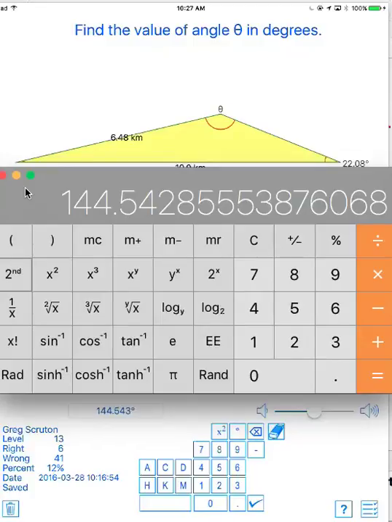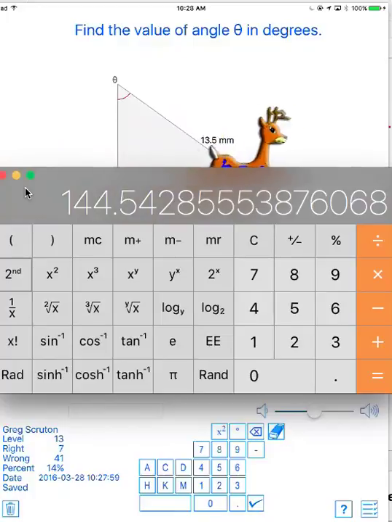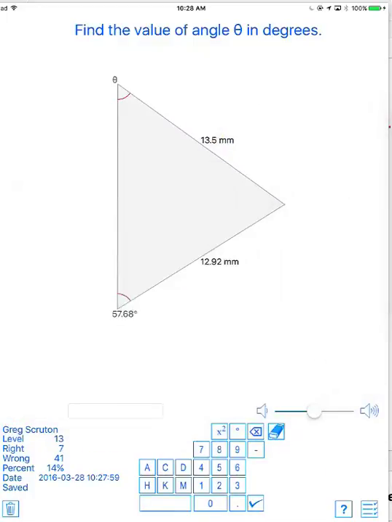Okay, and we click on the check button to check to see if we're right. Alright, so it's very important to always look at your angles and see if they make sense, because the inverse sine does not deal with the obtuse angles very well, or at all. Alright, and that is it for level 13.